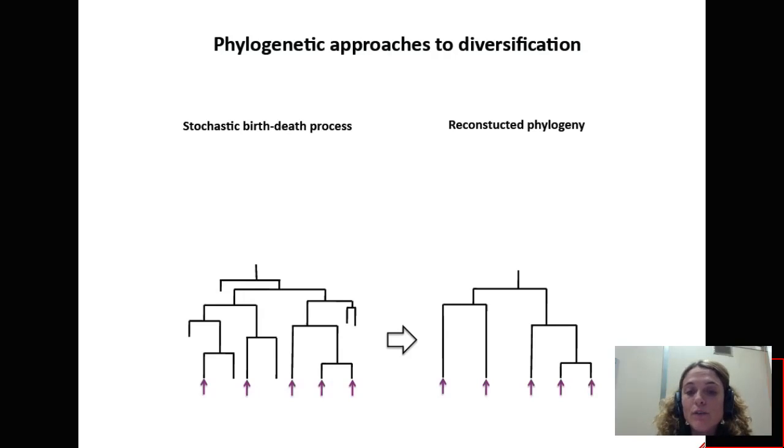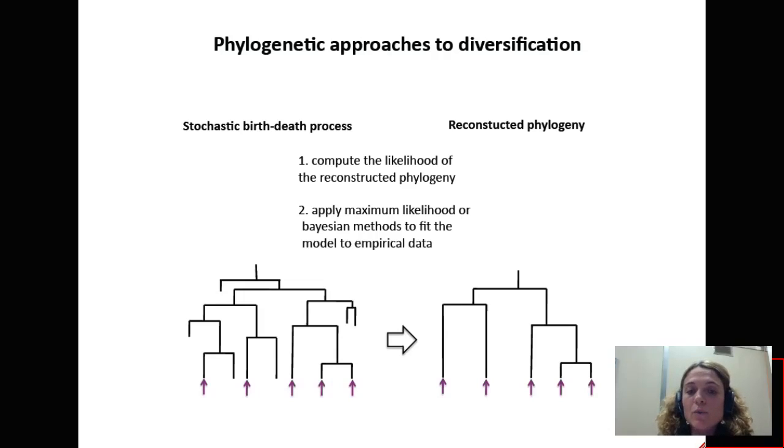We sample some of the extant species, and for those extant species, we reconstruct their phylogeny using molecular DNA data. And we have this object that is represented here on the right. And in order to estimate rates of speciation and extinction from this reconstructed phylogeny, what we do is to compute the likelihood of this reconstructed phylogeny under different scenarios of diversification. And then we can apply maximum likelihood or Bayesian approaches to fit the model to empirical data and get estimates for rates of diversification.